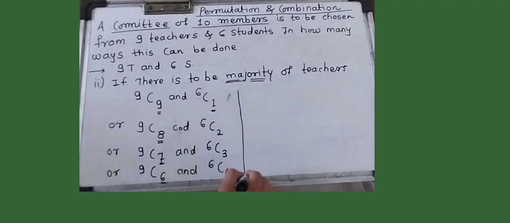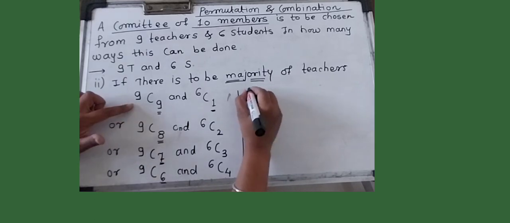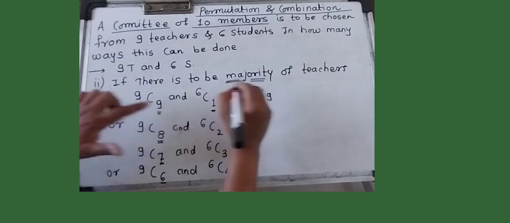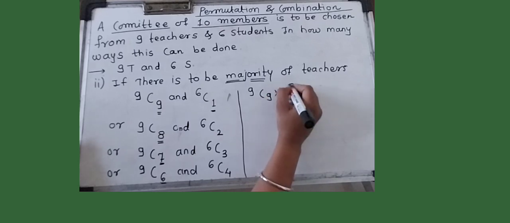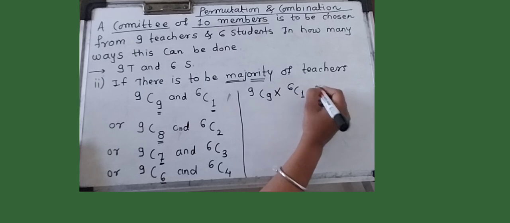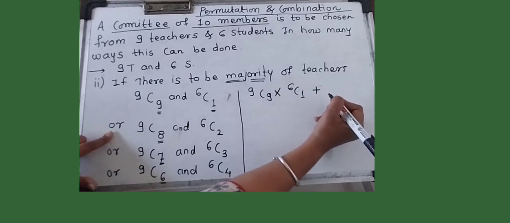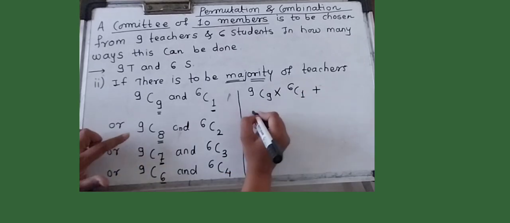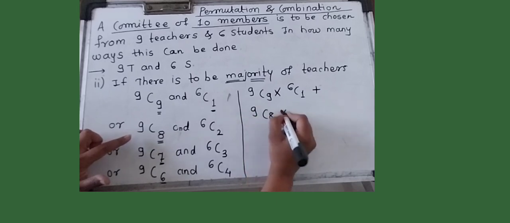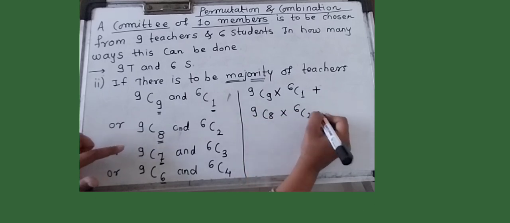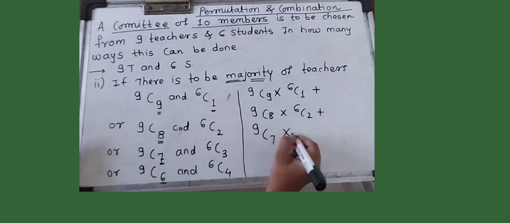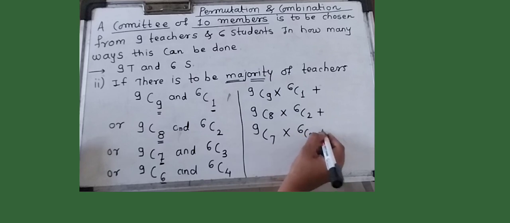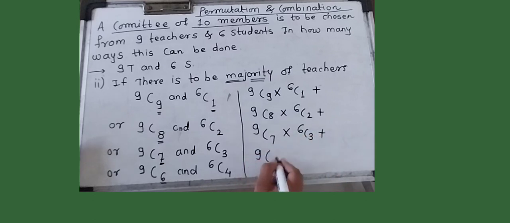Convert it into the formula. See how it is. 9C9 and is there, so I write into 6C1 plus, or is there. So I write here plus 9C8 into 6C2 plus, or is there 9C7 into 6C3 plus 9C6 into 6C4.